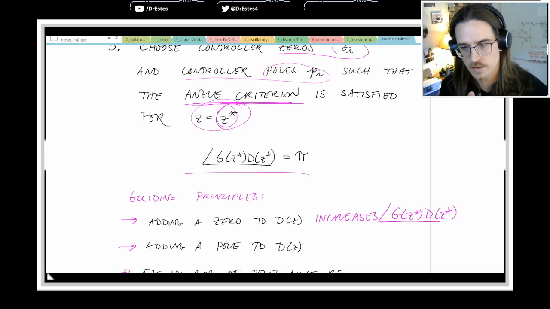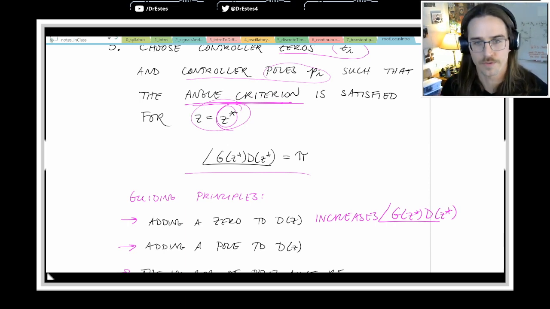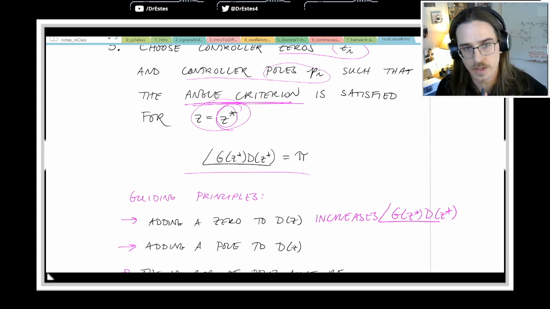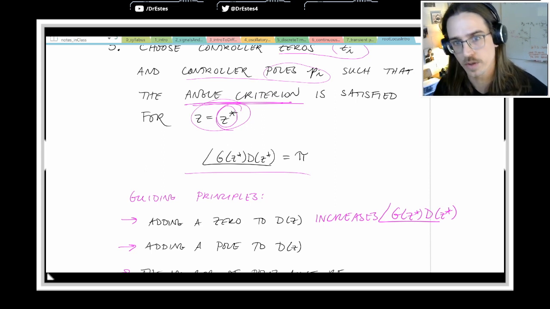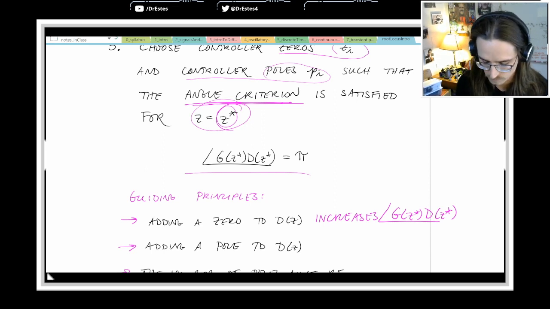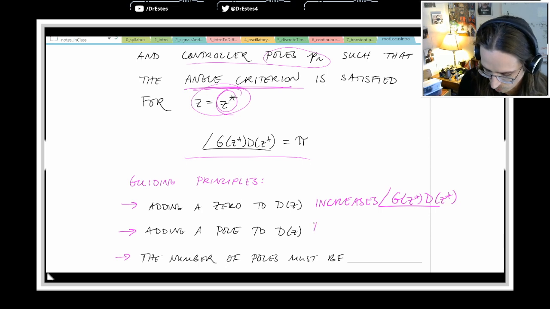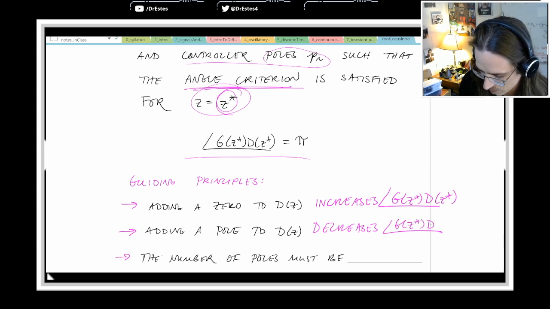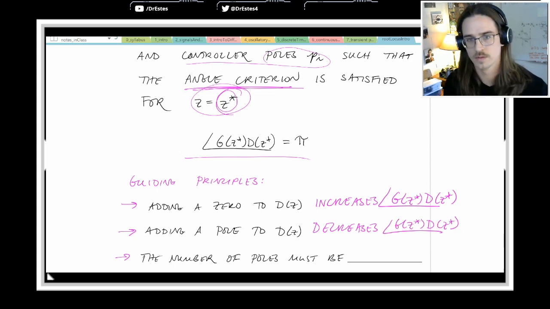Let's say your phase is under where it needs to be. If you need to increase it to bring it up to pi, adding a zero is a way to increase the angle. Adding a pole does the opposite thing. It decreases that angle.